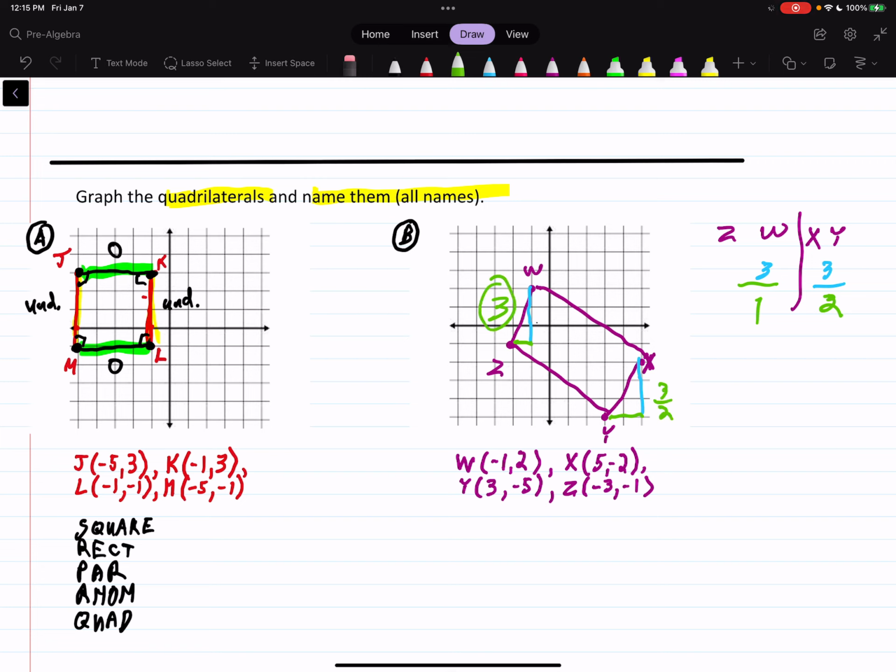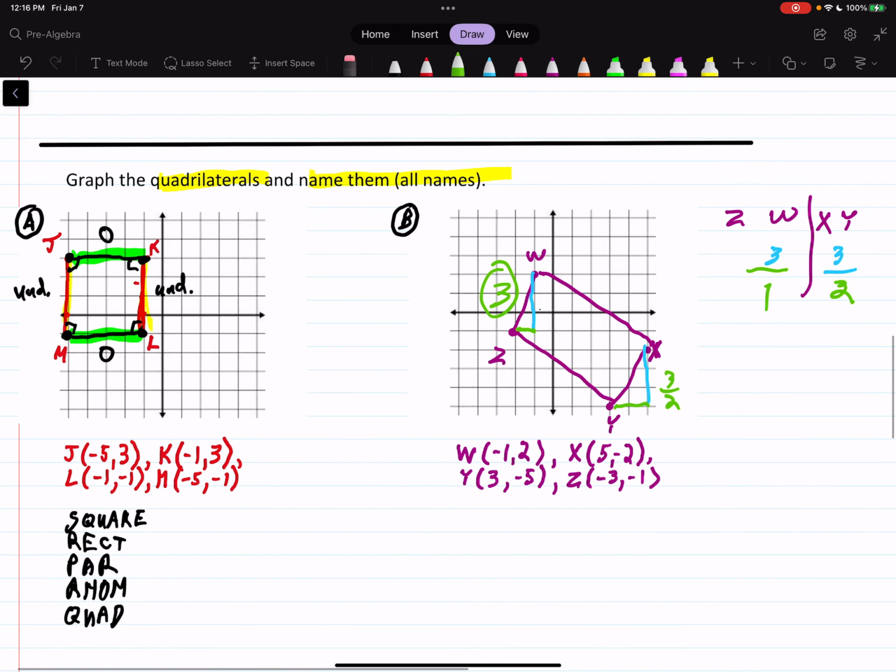Now let's take the slope of WX. Let's take a look at WX, and then we'll also take a look at the slope of ZY. Well, the rise from W to X is a negative 1, 2, 3, 4. Negative 4 over, well, what's my run? My run is 1, 2, 3, 4, 5, 6. So that gives me a negative 2/3.